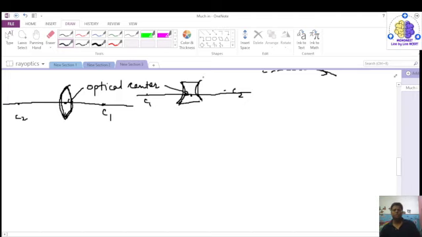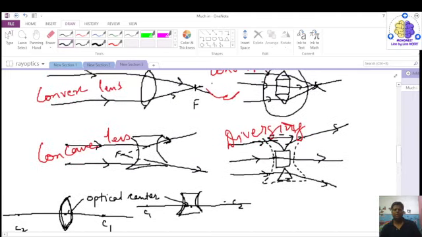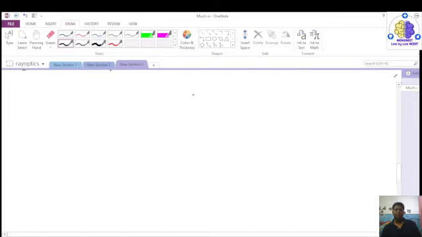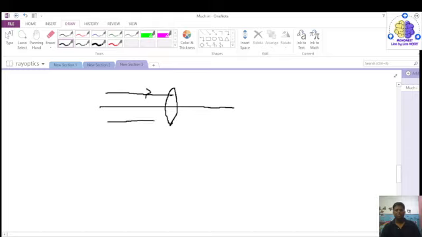Now as we saw in this diagram, light rays traveling parallel to the principal axis converge at a point, or appear to converge at a point, and that point is known as the principal focus. So for a convex lens, this is the principal axis, and this is a light ray parallel to the principal axis, and this is another light ray traveling parallel to the principal axis.